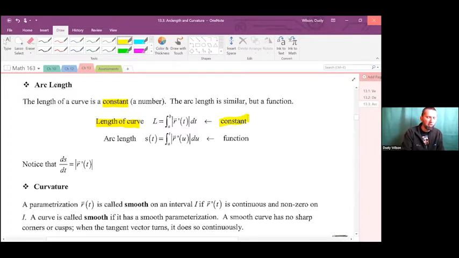Again, this is a constant. The arc length for us is a function, and it's s(t) equal to the integral from a to t, notice the t in the upper limit, of the absolute value of r'(u) du. Once again, this is a function. You'll notice that we have the dummy variable u.